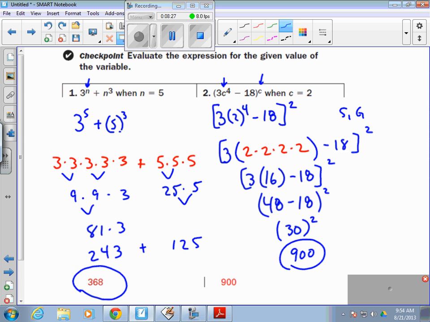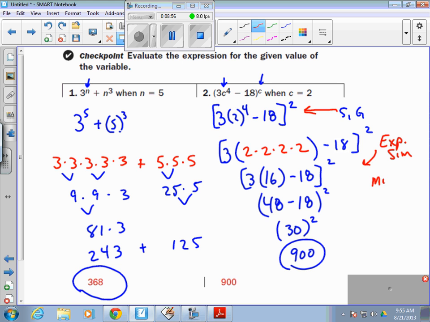And that's the simplified version. So if you went through and you labeled everything you did here, we substituted in the given value. That's what we did for the first one. Then what we did was we did exponents to simplify. So we just evaluated exponents. And again, that was just to simplify. And then for the next step, we multiplied 3 times 16.